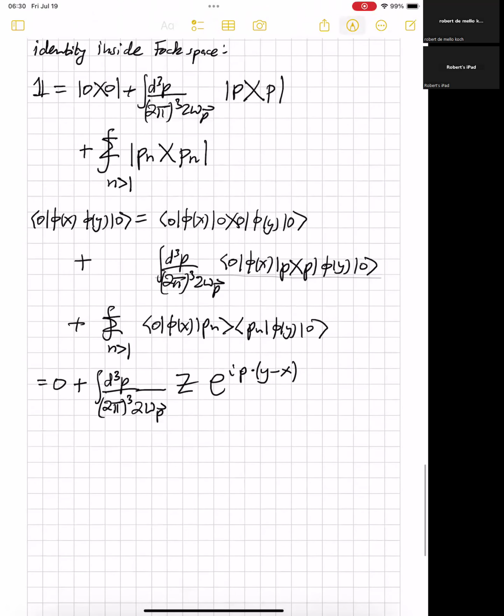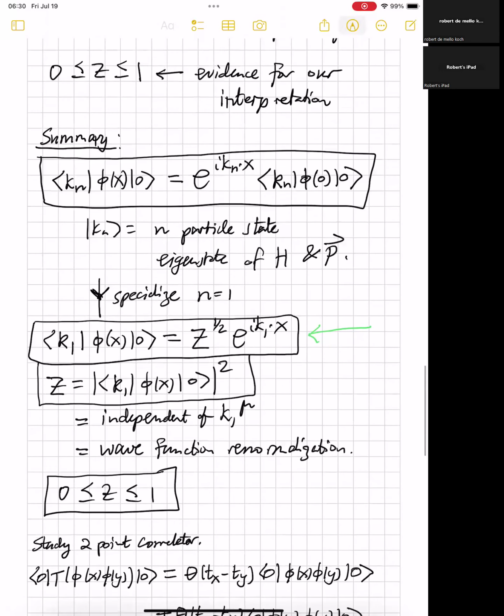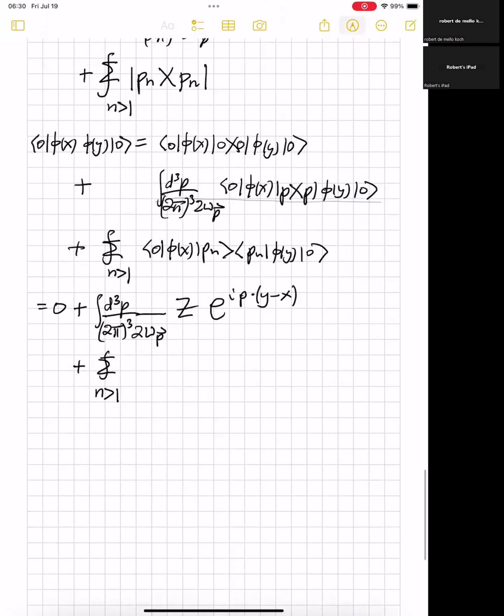Good. So now I've simplified the second term, and now let's simplify the third term. So this runs over all of the subspaces with more than one particle. And now we simply use the box above the box that we've just been using with the green arrow. So just kn phi of x 0 is equal to e to the i kn dot x times this matrix element. So what do we get?